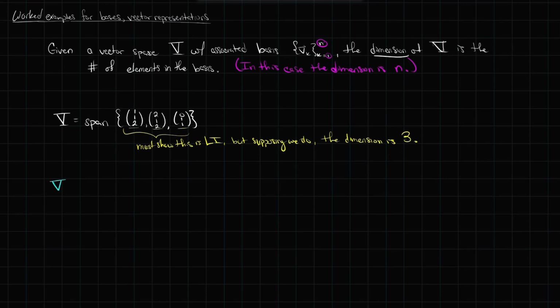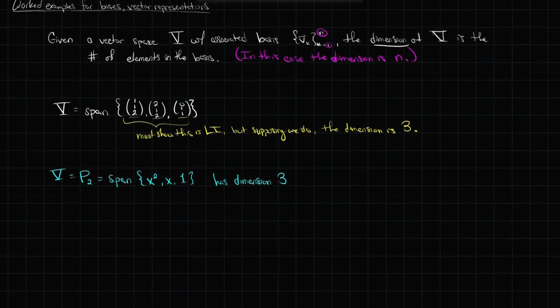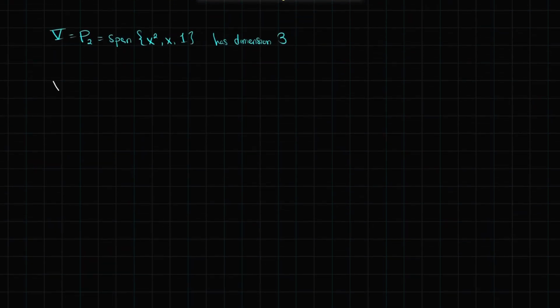Another great example would be these quadratic polynomials I've been referring to the entire semester, where the span of x squared, x and 1 has dimension 3. And we could come up with another crazy one. Maybe we'll call it F7, which is the span of the set e to the i n x, where n goes from -7 to 7.